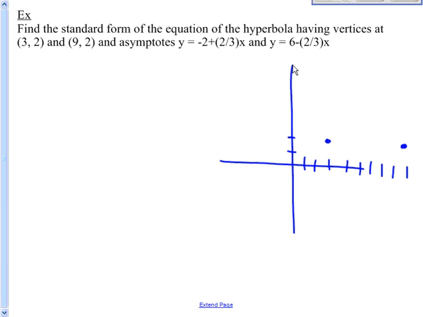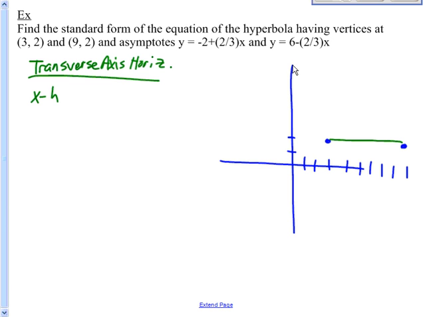All right, so let's think about, first of all, since you have your vertices, you know the transverse axis, which connects these, must be horizontal. So since the transverse axis is horizontal, you're thinking to yourself, this one.